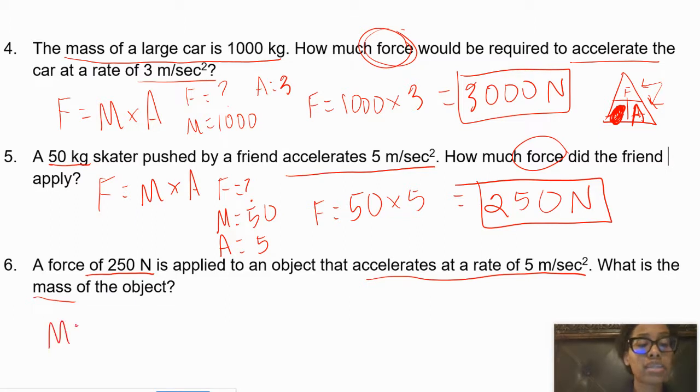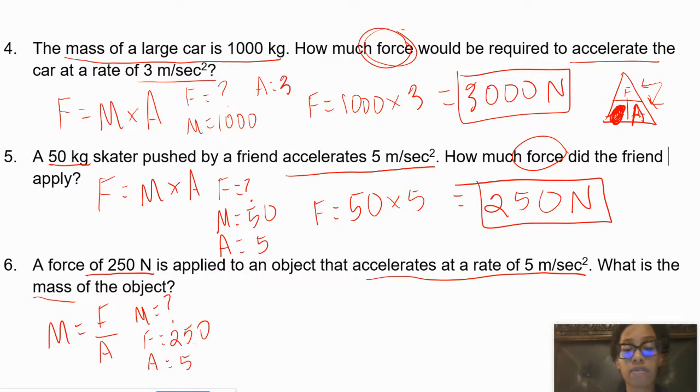So mass is equal to force over acceleration. My mass, I do not know. My force is 250. And then my acceleration is 5.